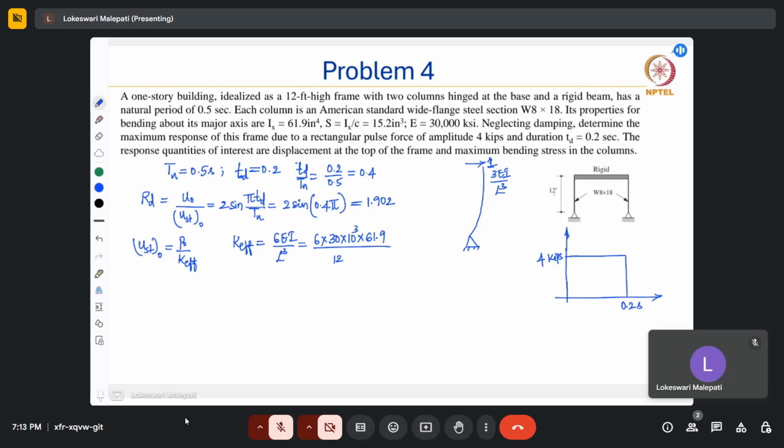So this is actually in feet, 12 feet. So we must convert this to inches, whole cube.